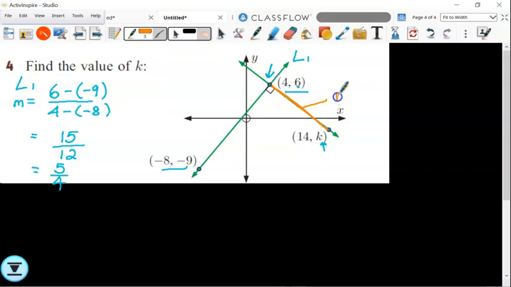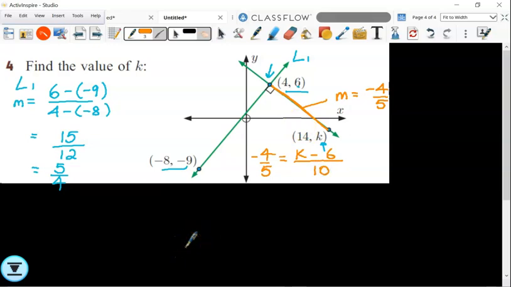Yes, so this must have a slope of -4 over 5, because it is perpendicular. So -4 over 5 equals what? Now, I'm going to start and keep my unknown right front and present. So it's going to be K take 6. If you did 6 take K, you would get the same answer as well, as long as you went 4 take 14. But I'm now going to say 14 take 4, which is 10.